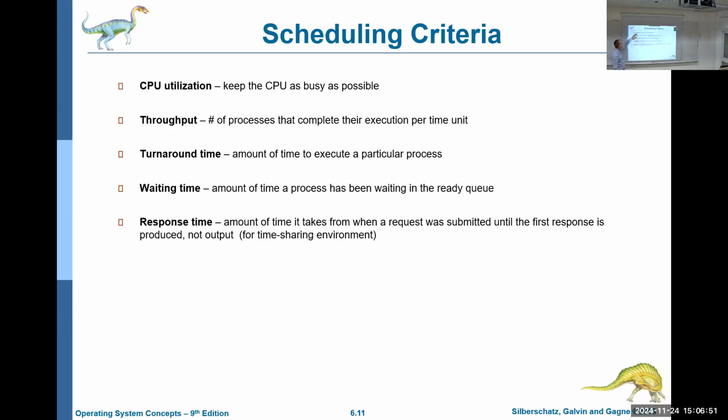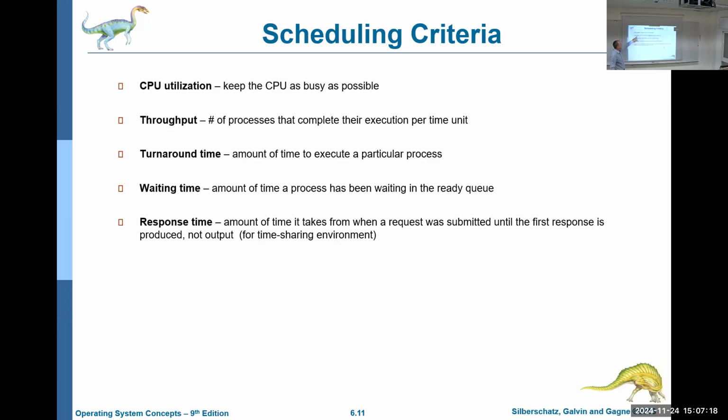Well, that's not really a criterion, but in general, yes, it is a criterion, but we will talk about it less. We want the CPU to be busy all the time. We don't want, for example, somebody to go to I/O and then we just wait around, and the CPU does nothing and doesn't schedule another process. We want the scheduler to be active. We don't want it to just ignore a situation when the CPU is idle.